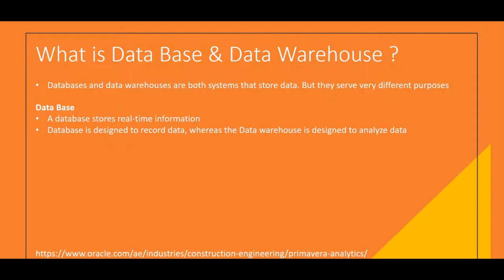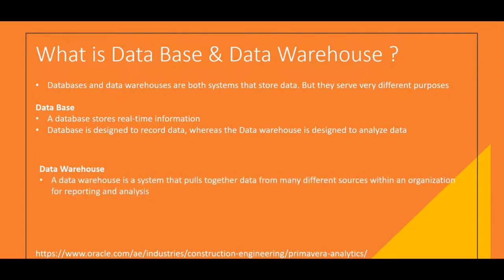Database is designed to record the data, whereas data warehouse is designed to analyze the data. The only purpose for database is to record the data. A data warehouse is a system that pulls together data from different sources within an organization for reporting and analysis purposes. For example, data can be placed in database in different compartments, different places, which may not be linking to each other.